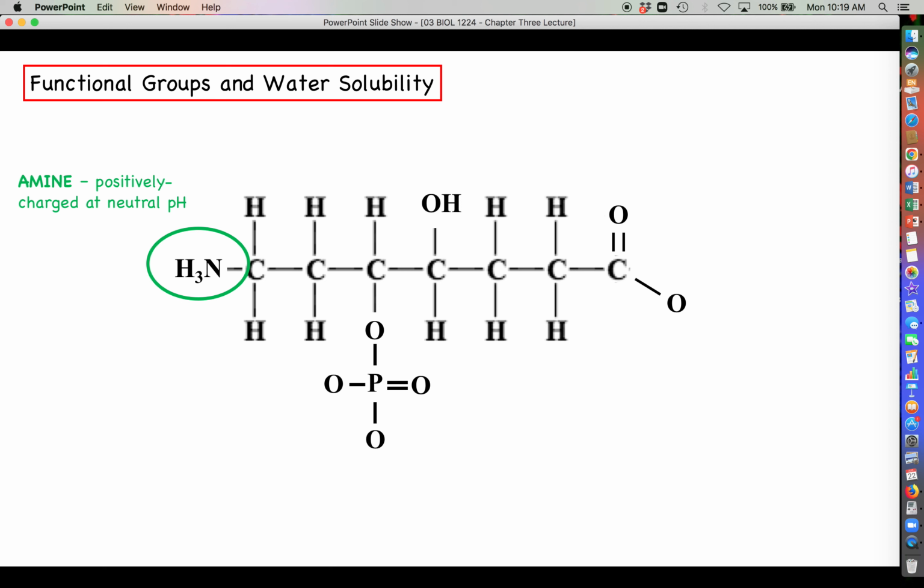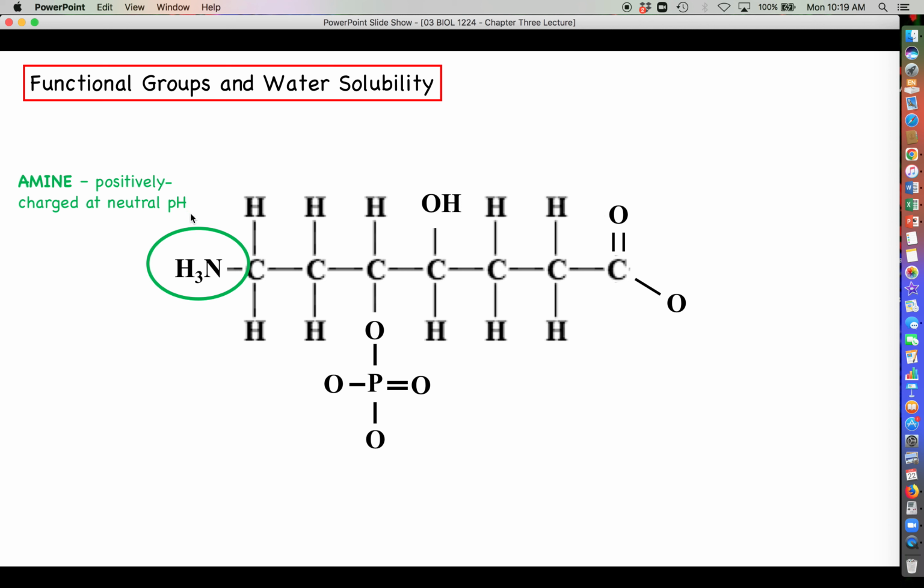This is what we sometimes call a basic functional group, meaning that it's going to want to take on an extra hydrogen atom, which is what bases do, and in doing so, it's usually going to be positively charged at a neutral pH value. By neutral pH, I mean a pH of somewhere around 7, if you remember that from Chapter 2.